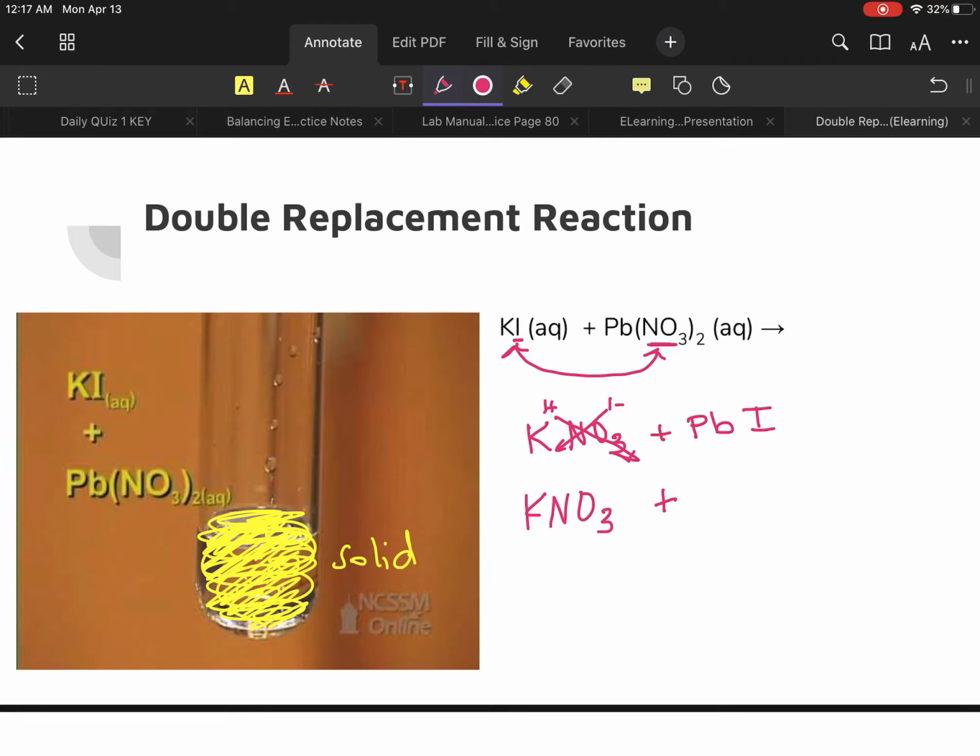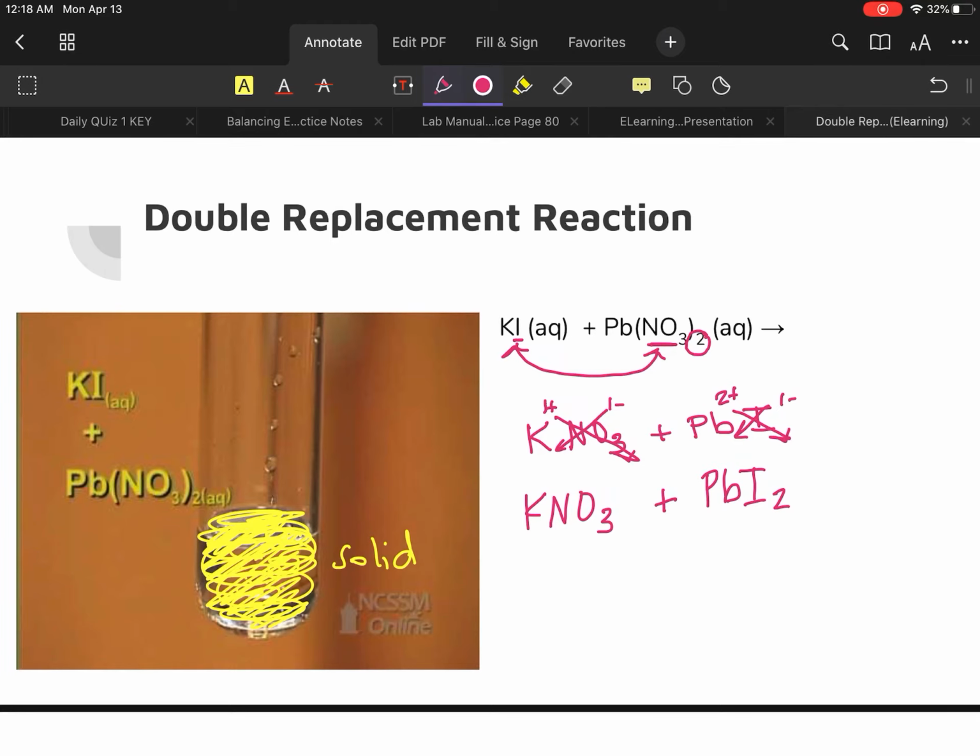So how can I figure out my charge for lead? All I have to do is look down here beside my nitrate, because remember that 2 came from lead. So lead has a 2 plus, iodine has a 1 minus. So when they crisscross, I end up with PbI2.